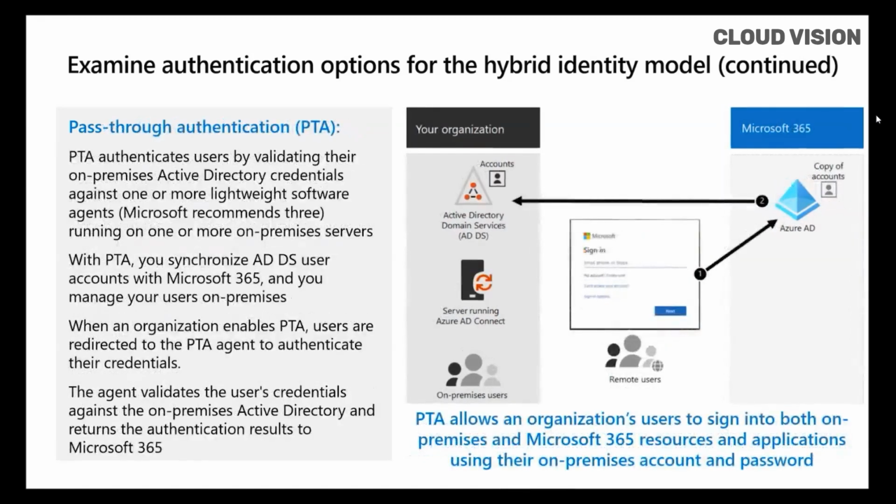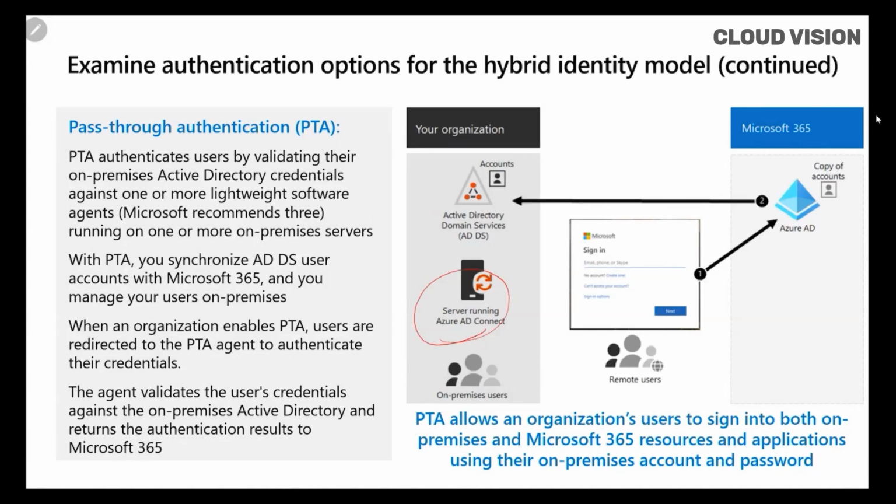Now, the other solution that your organization can go for is pass-through authentication. The prerequisites of setting up pass-through authentication are very similar to the prerequisites of setting up password hash synchronization. The first step that you have to take is to install the Azure AD Connect tool on your domain controllers or your member servers.